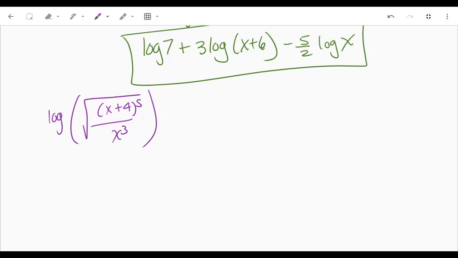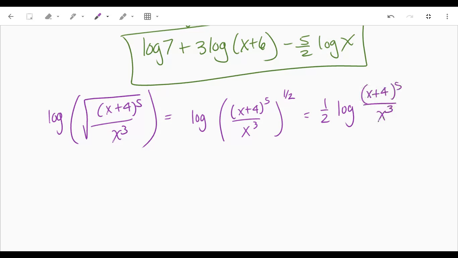So here we go. Ready? That square root needs to be a 1/2 power, so that we can put it out front. Now we can split that up with subtraction.